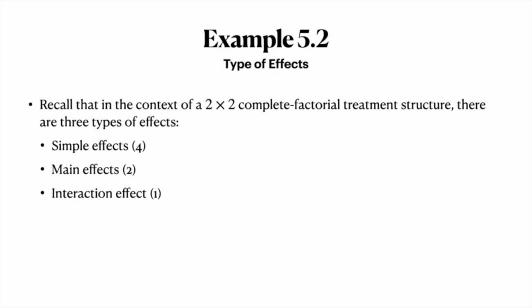There are four simple effects that we can calculate and consider. There are two main effects, and then we have an interaction effect. And as in the previous example, we can think of the interaction in two different ways, but it's going to turn out that those are equivalent and they are therefore numerically equal. And so we say that there's one interaction between the two factors A and B.